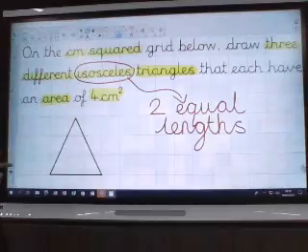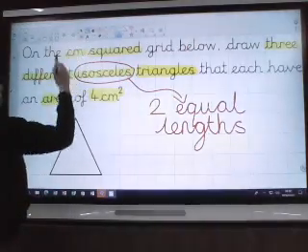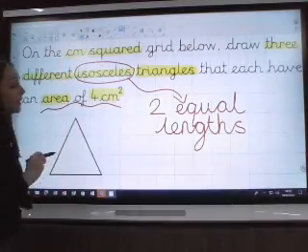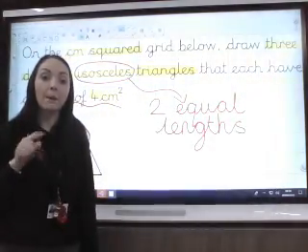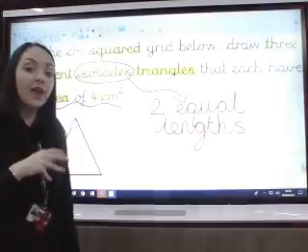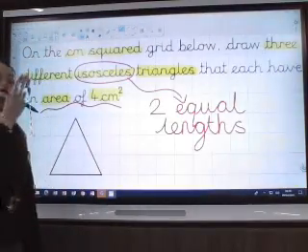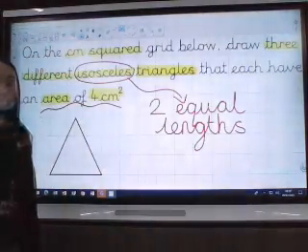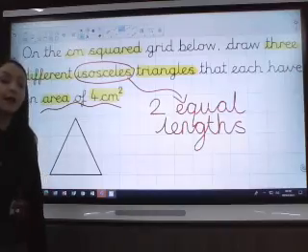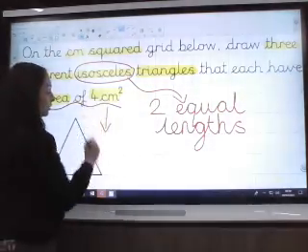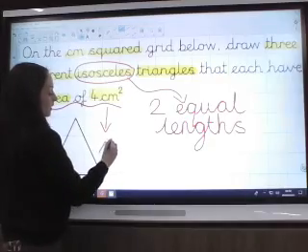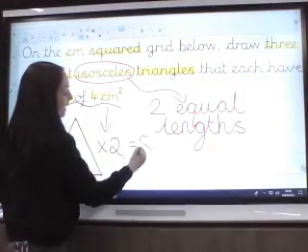So for this one, you need to make sure that the area of each one is 4 centimetres squared. So you need to work backwards. So have a think, what do we do? So we multiply the base by the height and we divide by 2 to get the area of a triangle. So work backwards. So multiply this by 2. So if you do 4 times 2, that is 8, isn't it?